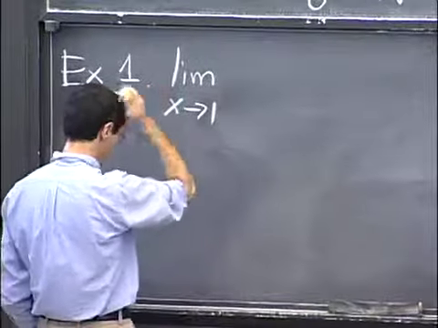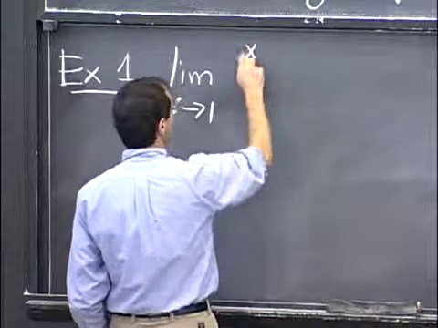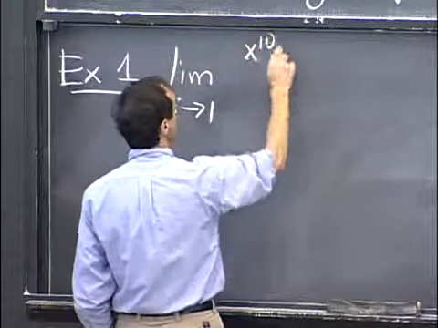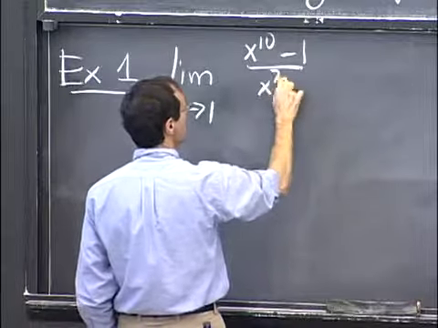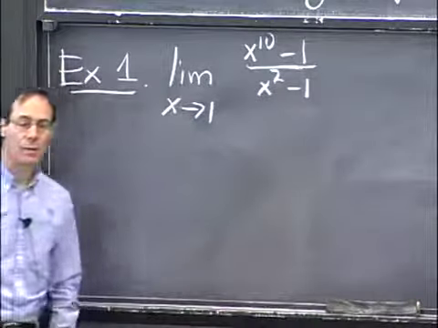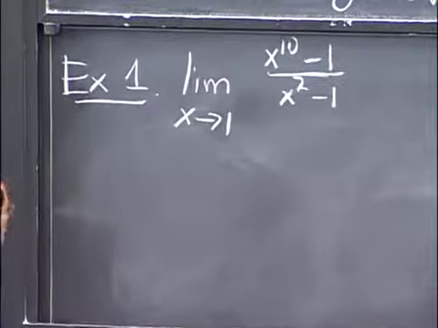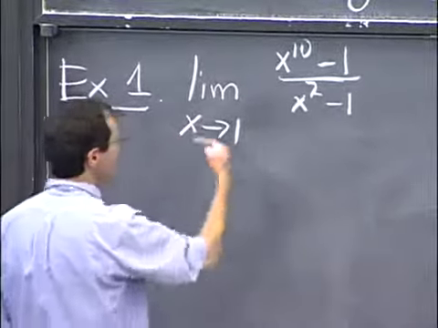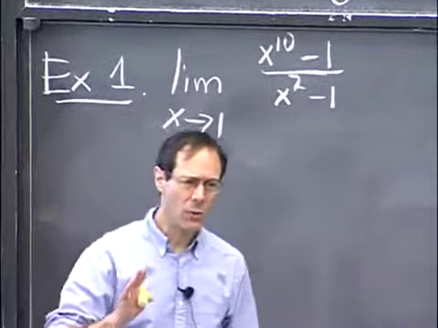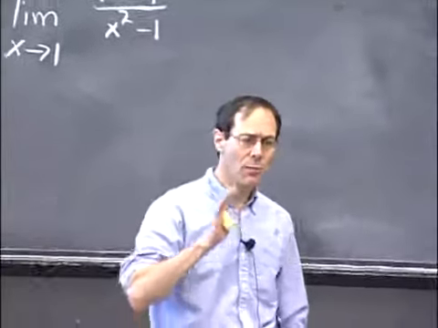The limit as x goes to 1 of x to the 10th minus 1 divided by x squared minus 1. All right? So that's a limit that we could have handled. And the thing that's interesting, I mean, this is in this category that we mentioned at the beginning of the course of interesting limits.